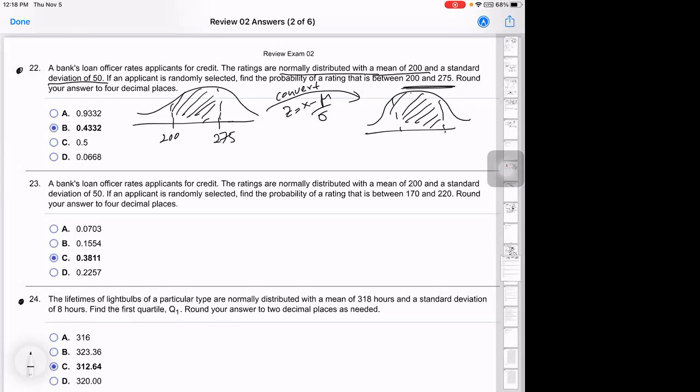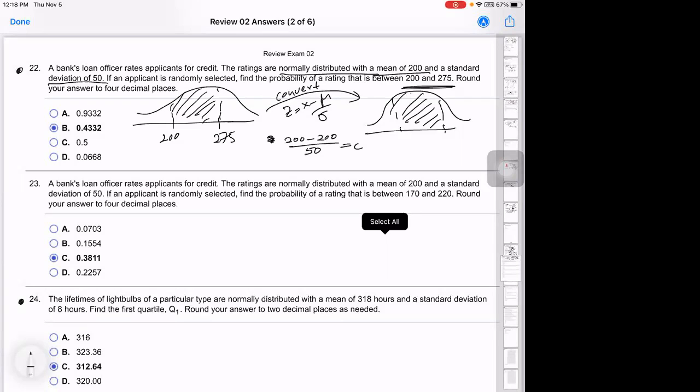Let's convert these values. x minus mu, 200 minus mu, the mean is also 200, divided by sigma, which is 50.